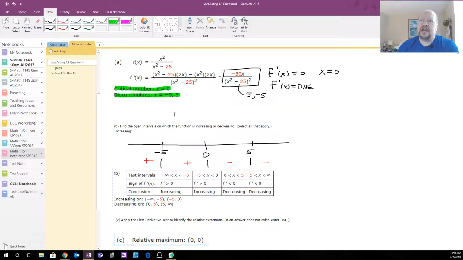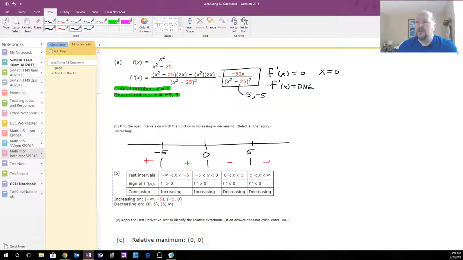We need to not only put critical numbers on the number line for our sign chart, but also the locations where there are discontinuities, because that could be a place where the sign of the derivative changes. So even though those aren't critical numbers, we still need to put them on the sign chart.